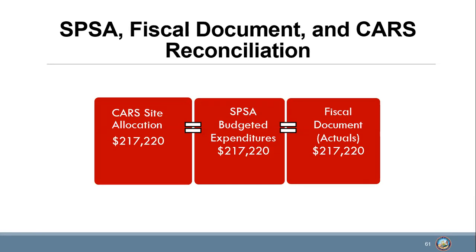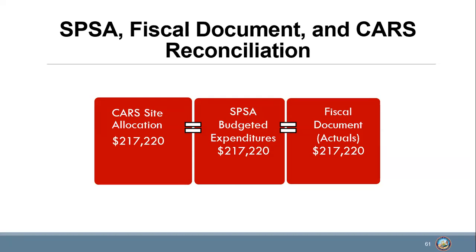This slide here shows the reconciliation process that we as reviewers do between SPSA, fiscal documents, and CARs. That means a site's Title I allocations reported in CARs must equal a site's total allocation as seen in the SPSA, and that value shall also match any fiscal documents.